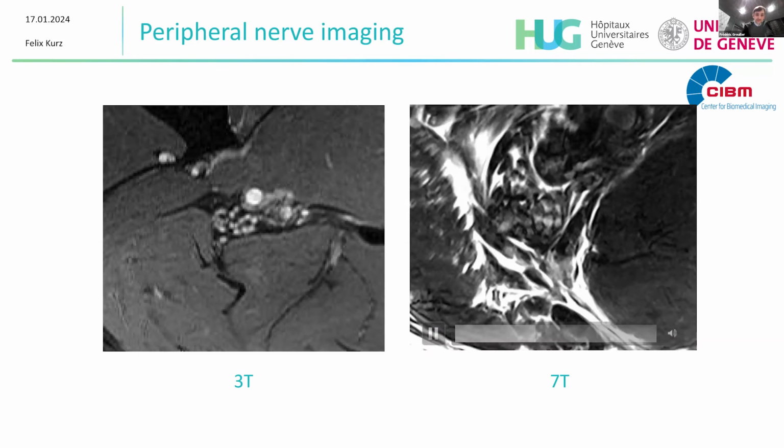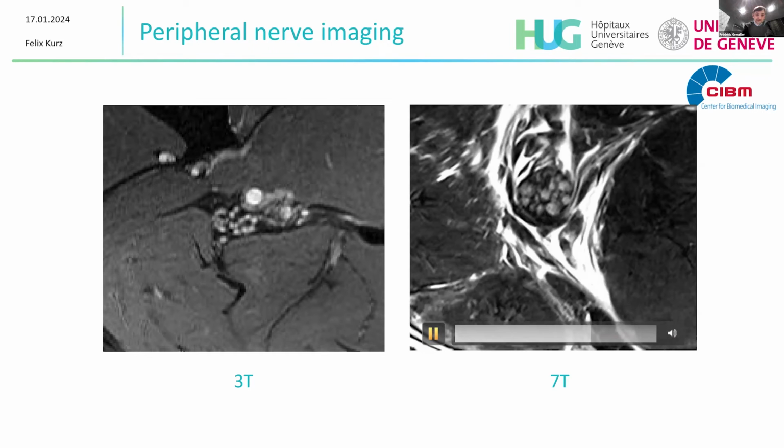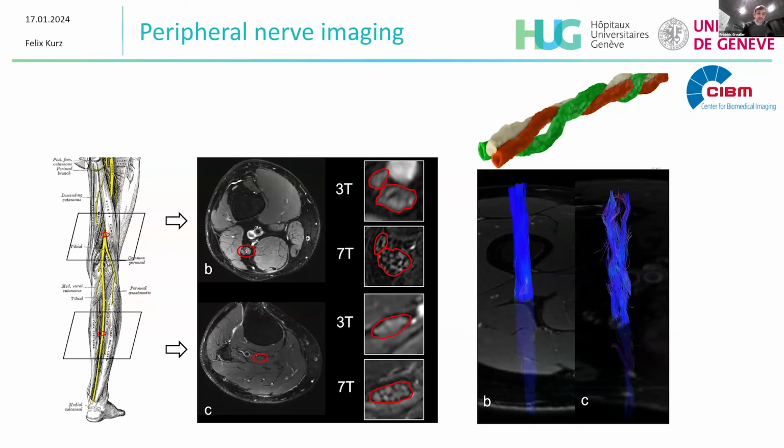And here you have the corresponding 7T image. And you see, of course, the resolution is much better. You see much better the neural structures and also the hyperintensities, but surrounding it, you have a lot of artifacts because water and fat spectral lines at 7T are widening, and this makes it hard to produce good images.